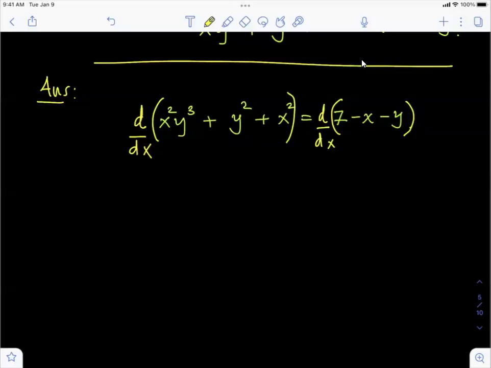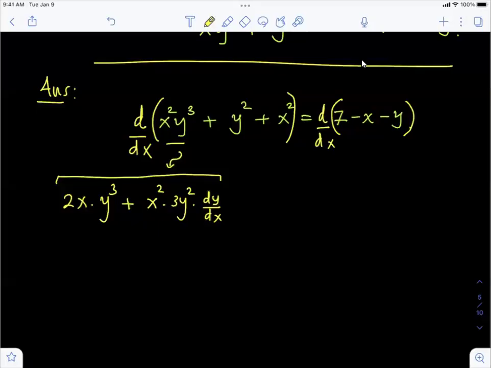So 2x times y cubed plus x square 3y square times dy dx. Now that is exactly what I'm going to write as the derivative of the first component here.